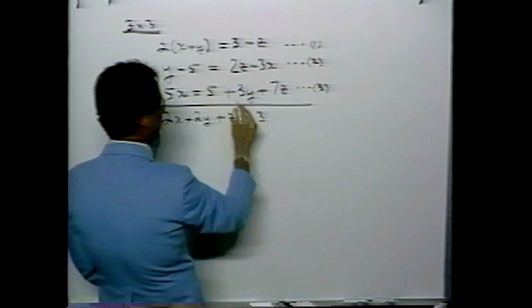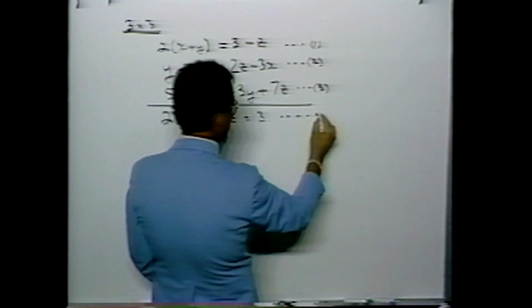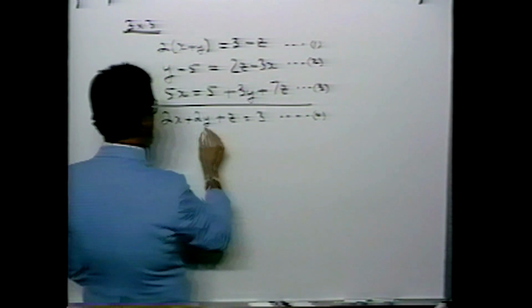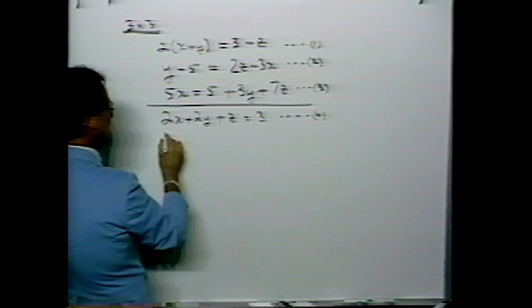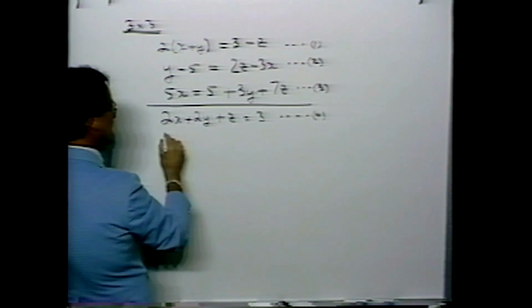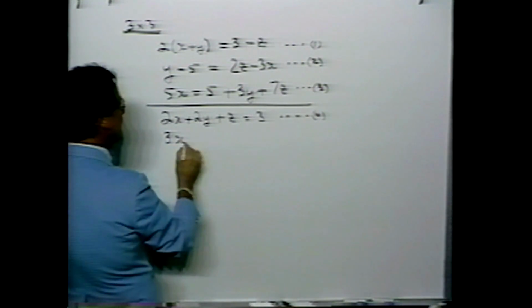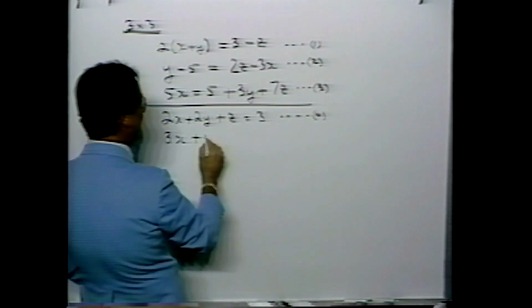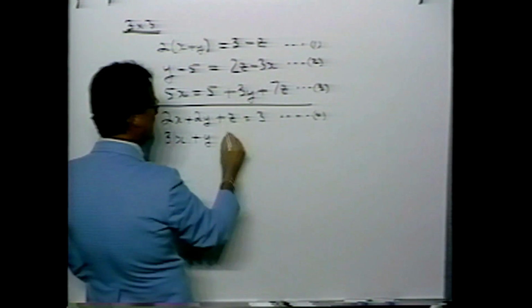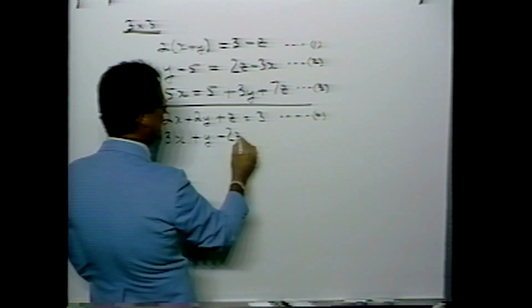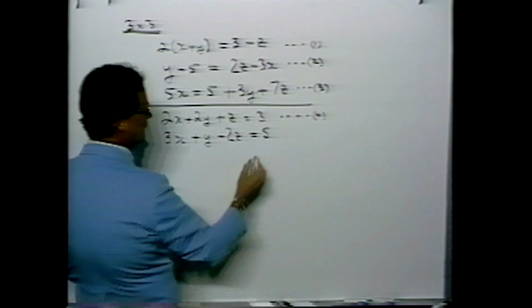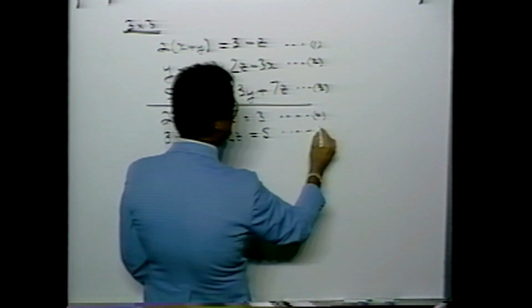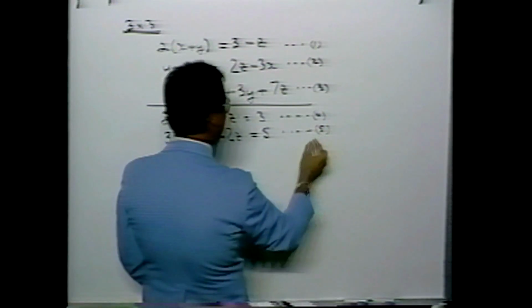This is slightly different than 1, so we'll refer to it as equation 4. We'll want the 3x on the left under the 2x, and so we'll write 3x plus y next minus 2z equals 5, and that will be referred to as equation 5.